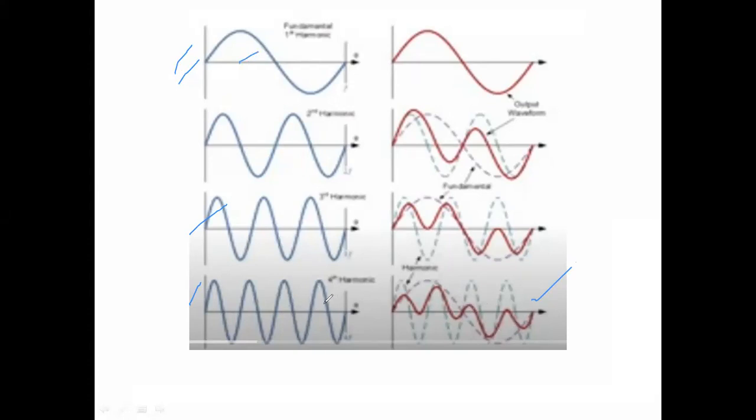When this particular signal is applied to a harmonic distortion analyzer, it should separate or suppress the fundamental frequency, and the remaining frequency components are sent to the meter. That is the basic concept or principle in harmonic distortion analyzers.